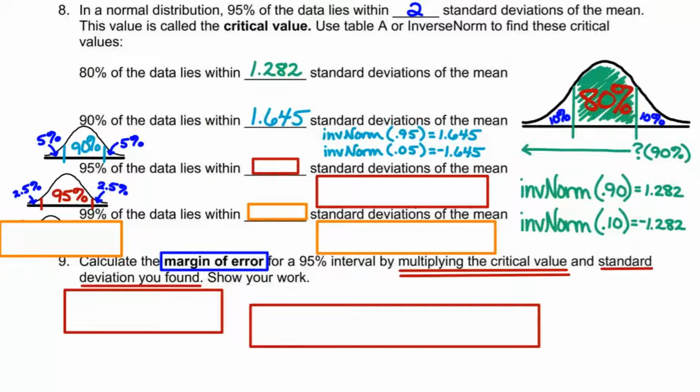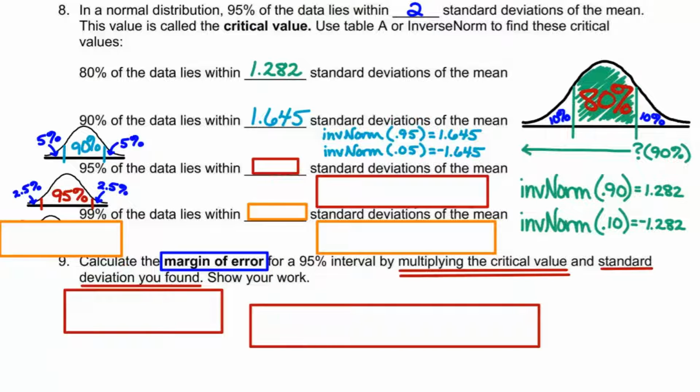So for 95%, this tail over here just has 2.5 because the other tail also has 2.5. Then I'm going to get a negative number when I do inverse normal. But that's just telling me that it's that many standard deviations away on the left. And I want to know how many standard deviations away we are on either side. It's going to be the same number either direction. If you get a negative, it's just saying you found the one that was on the left-hand side. It'd be the same distance away on the right-hand side.